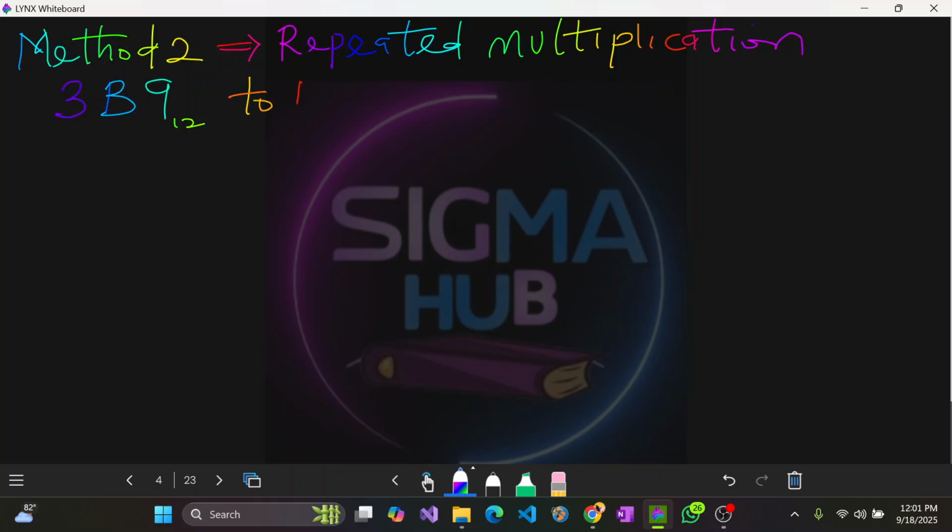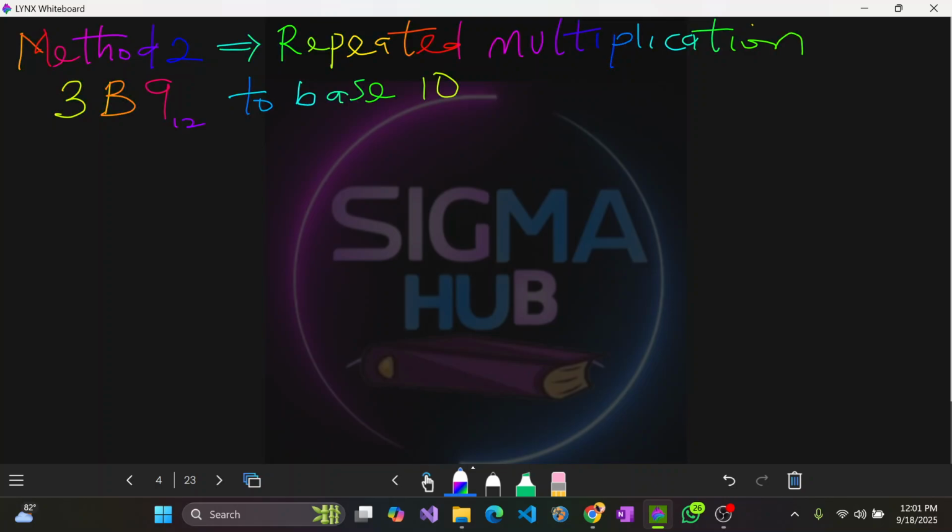We have to convert 3b9 base 12 to base 10.